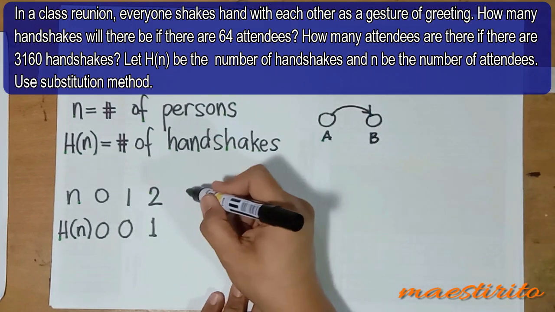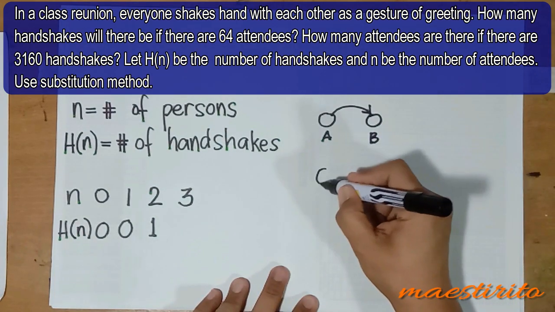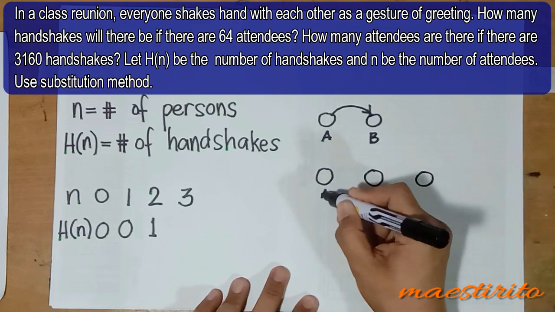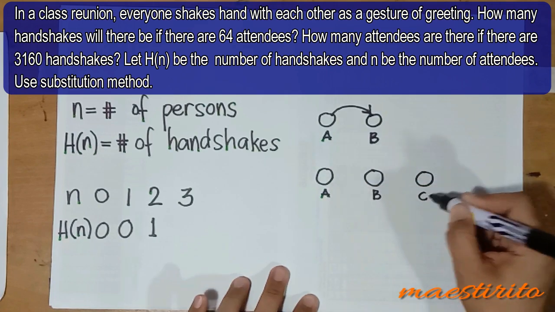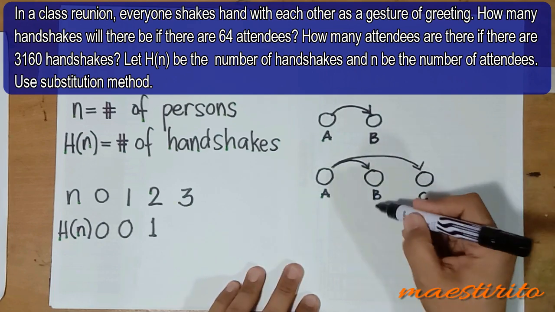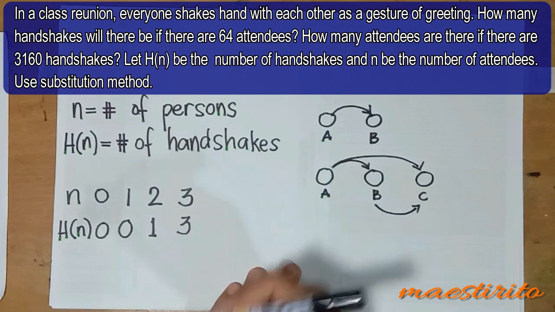Now, if there are three persons, how many handshakes will there be? So three persons, let's say person A, person B, person C. So person A with person B, person A with person C, and then person B with person C. So there will be 3 handshakes.